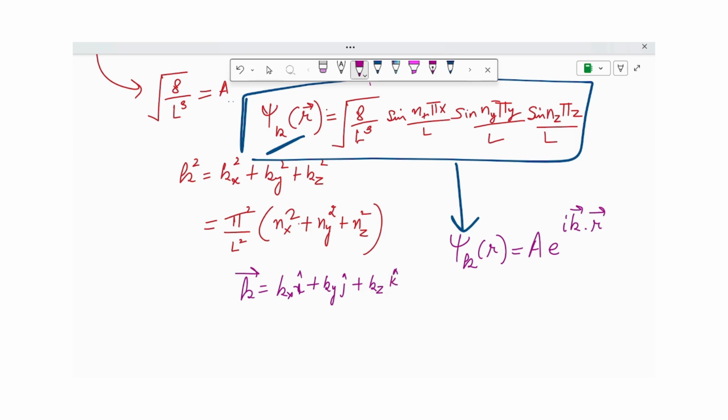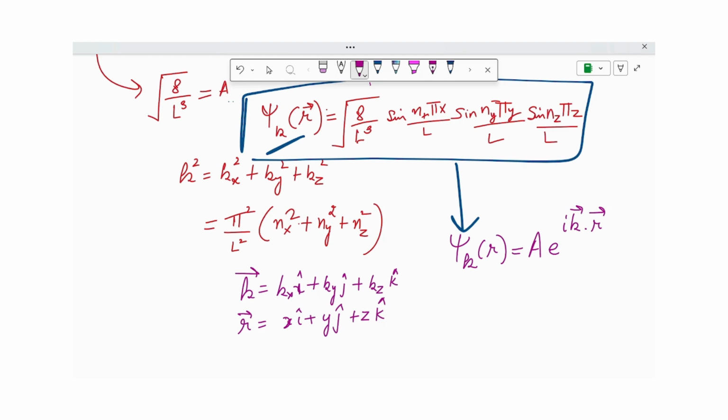And what is r? r is my position vector, which is given by x i cap plus y j cap plus z k cap.